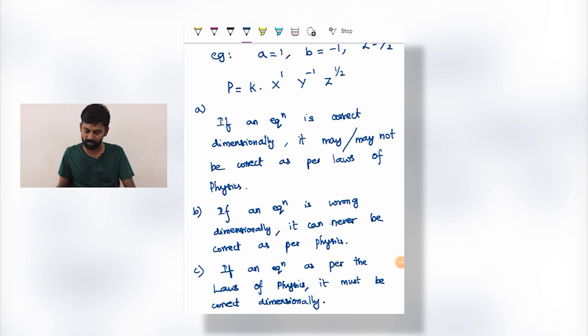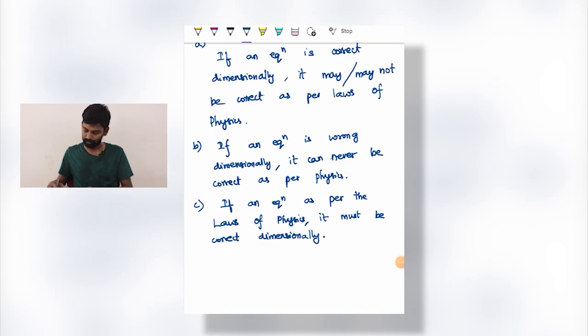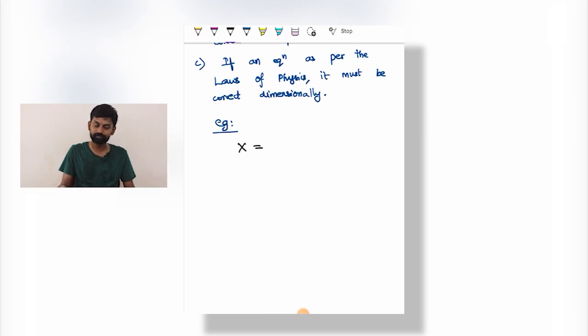So these three statements are very important. A dimensionally correct equation may or may not be correct according to the laws of physics. A dimensionally wrong equation can never be correct according to the laws of physics. But an equation which is correct according to physics will definitely be correct dimensionally. So for an example, if we are writing x is equal to AB plus C divided by y, this is an expression.